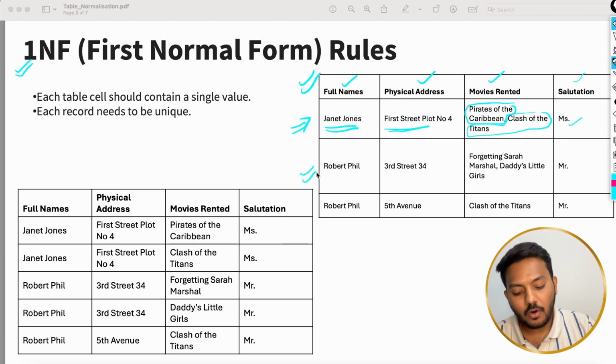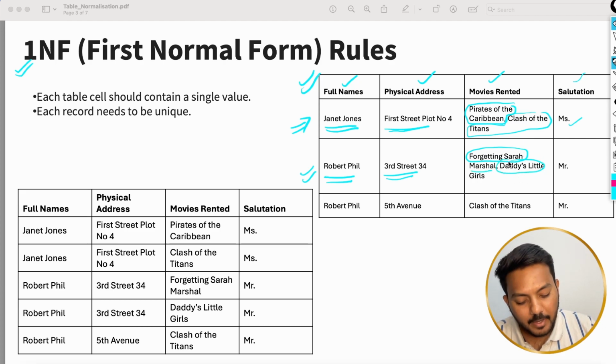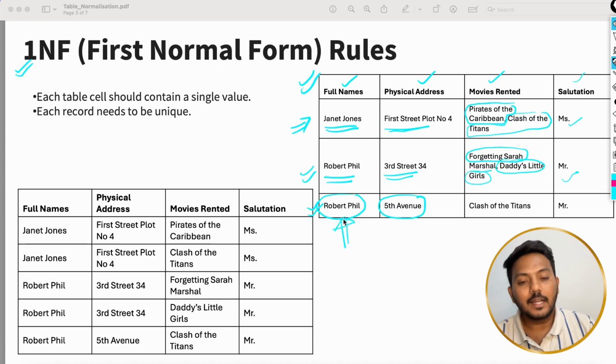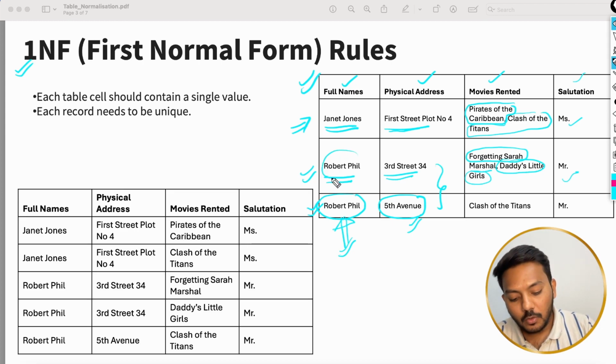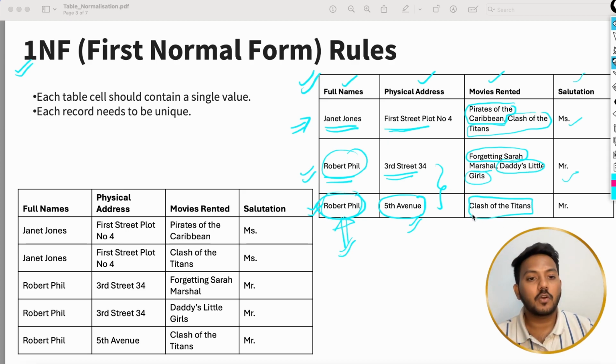In the second record, I have Robert Phil and his address, and he also rented two movies, Forgetting Sarah Marshall and Daddy's Little Girls, and the salutation is Mr. And again I have Robert Phil, but notice his address is different. That means he is another person who is living at Fifth Avenue. So both of these are different even though the names are the same. And he rented only one movie, which is Clash of Titans, and the salutation is Mr.